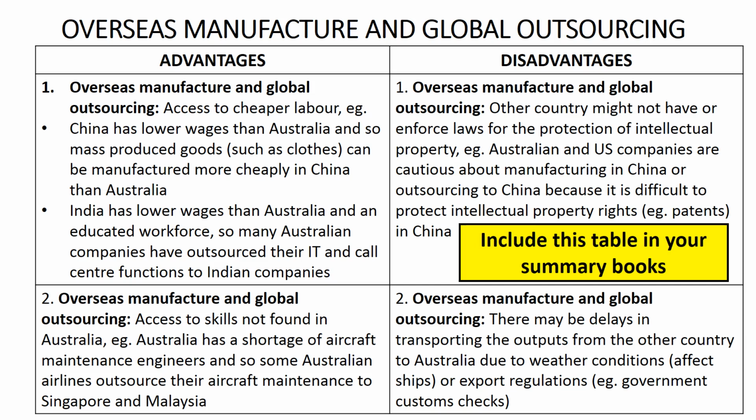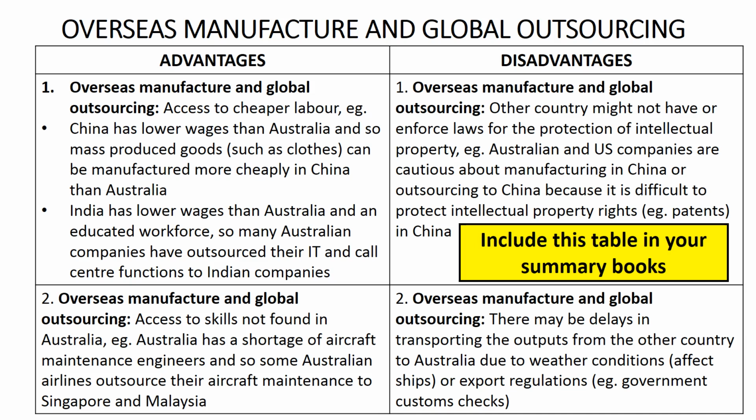On the other hand, a disadvantage of both overseas manufacture and global outsourcing is that the country in which the output is manufactured might not have or enforce laws for the protection of intellectual property rights. This means that there is little legal protection against other manufacturers in that country simply copying the output of the Australian business and selling it as their own.